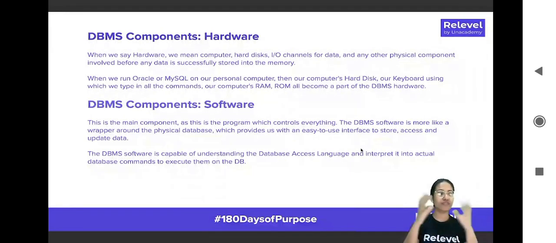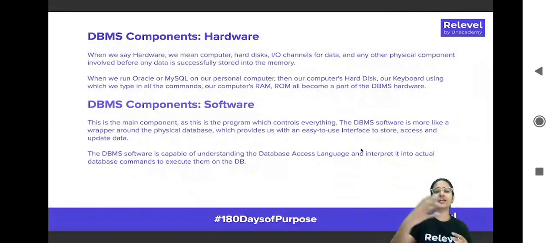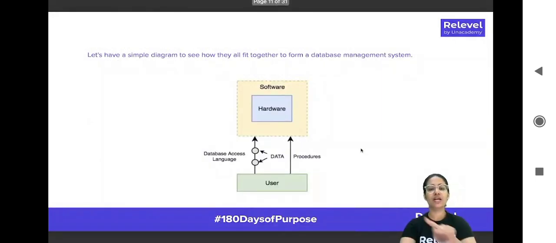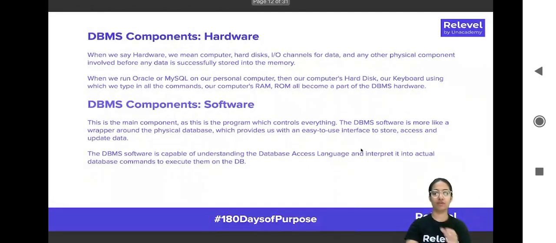You made a software around it, and that software is interacting with the physical database to make sure that you have access to everything. And the software is designed in such a beautiful way that it's very easy to access the information. The tools are designed in a very user-friendly way. That is why here in the image you will see that software is basically like a wrapper on top of hardware. Okay, so that's how it works.